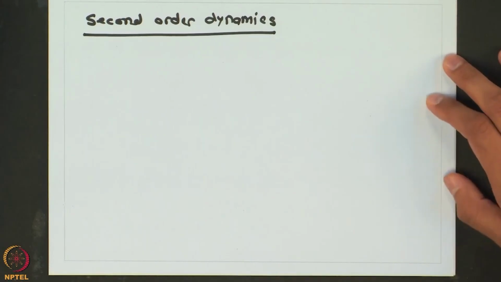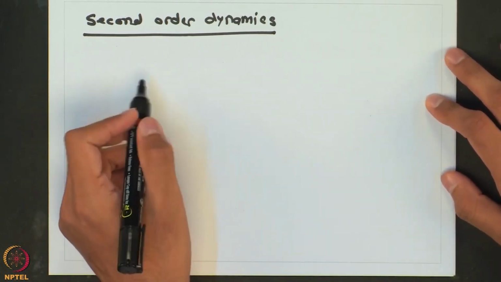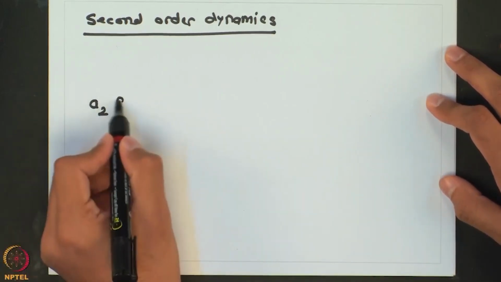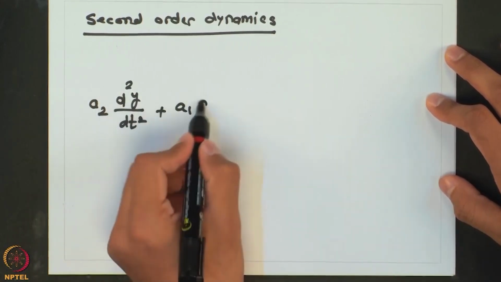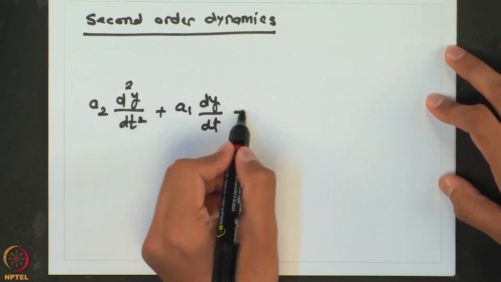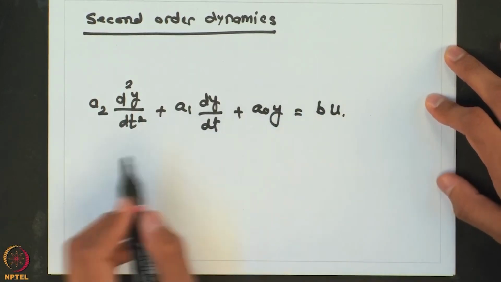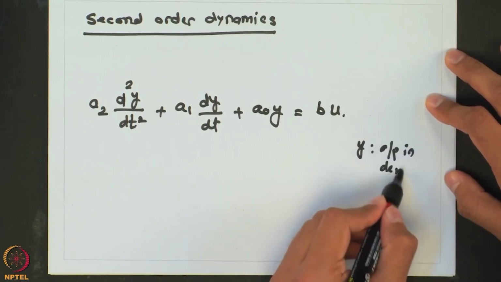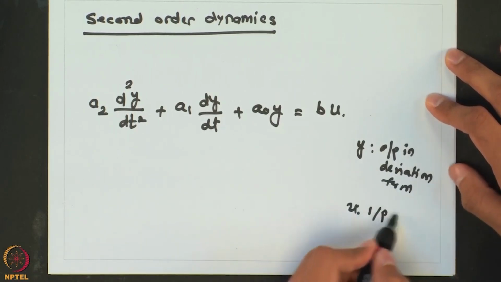The second order dynamical system is a system where the output of that system is given by a second order ordinary differential equation. So the general form of that will be A2 d2y over dt square plus A1 dy by dt plus A0 y is equal to b times u, where y is my output in deviation form and u is my input in deviation form.